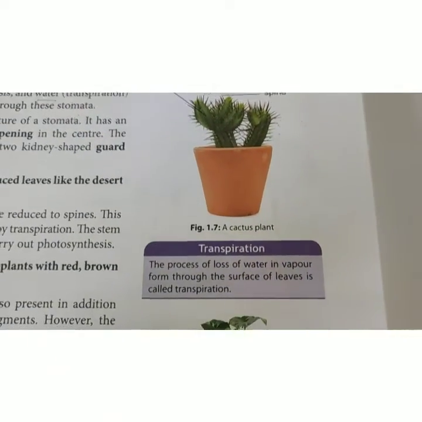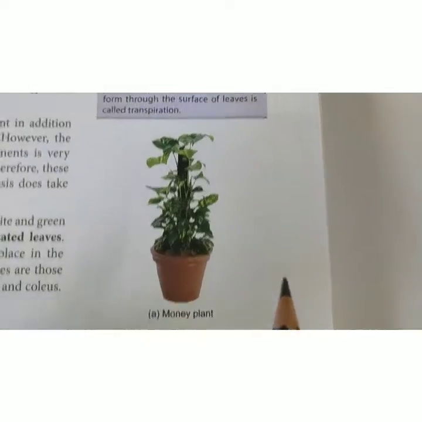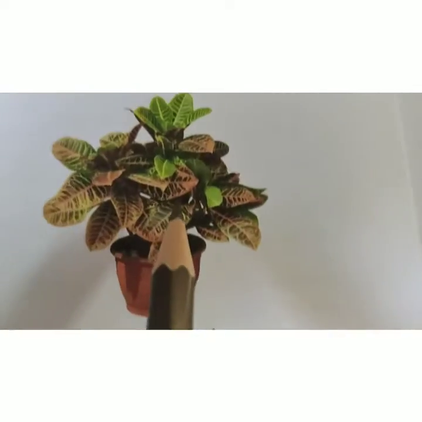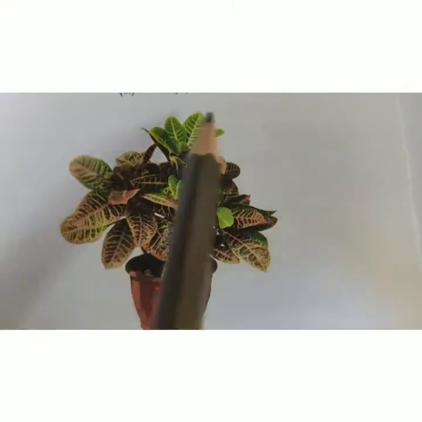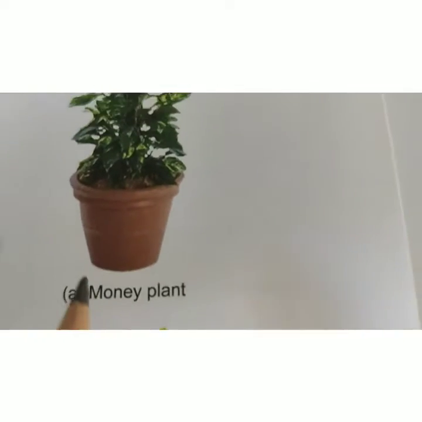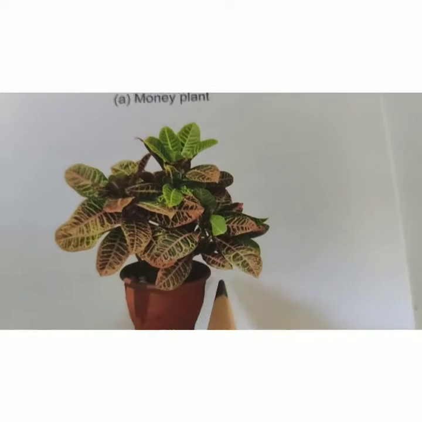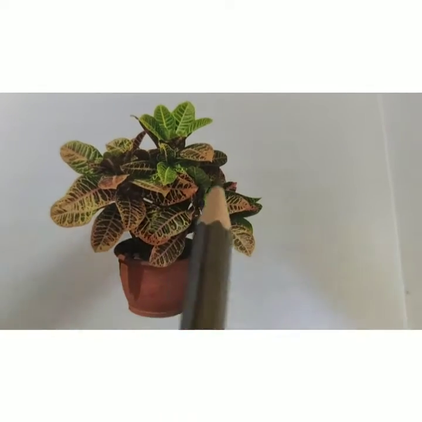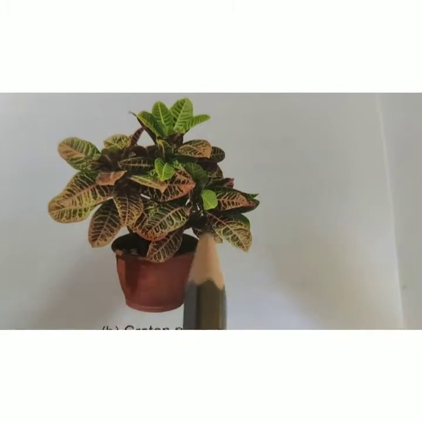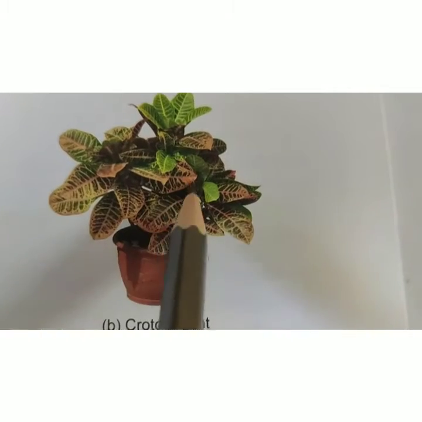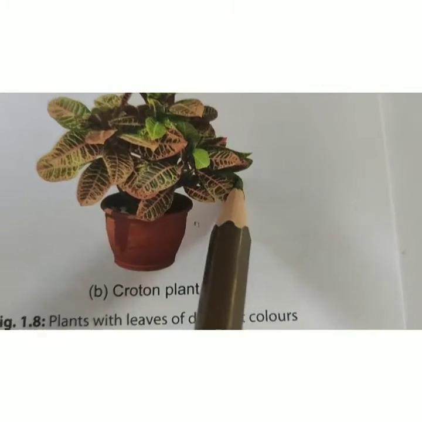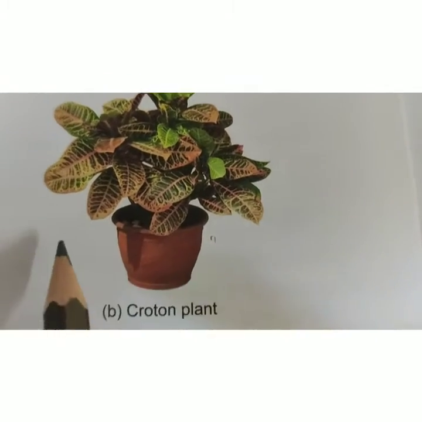Okay. Now you must have seen some plants whose leaves are not completely green, as you see in other plants whose leaves are completely green. These plants have many colors. The leaves are multicolor. They have green, but they have other colors also. They may be red, brown, or whatever the color is.